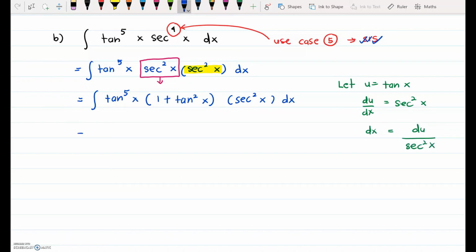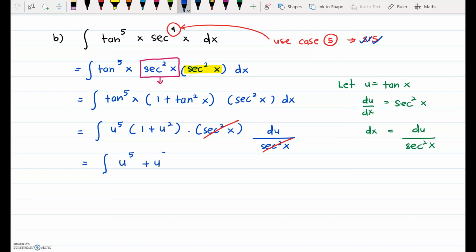Substituting, we have u to the power of 5 times 1 plus u square times secant square x, and du divided by secant square x. Then we can cancel off the secant square x, and solve the integration of u to the power of 5 plus u to the power of 7 du.